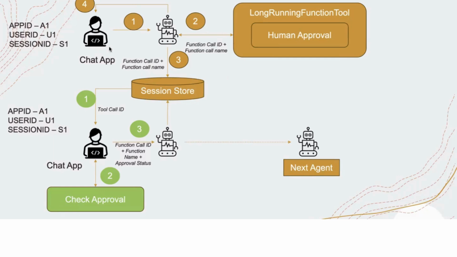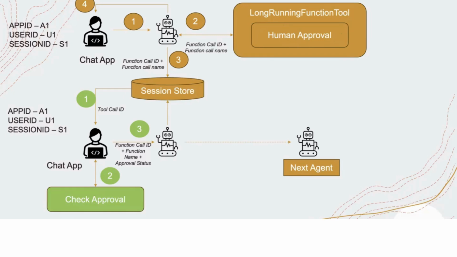So let's say I have a chat application, and through the chat application, I'm connecting with an agent, and I'm asking the agent to approve certain requests, right? So when I ask the agent to approve a request, the agent calls a function, human approval function, through which it puts the request to human to approve it, right?